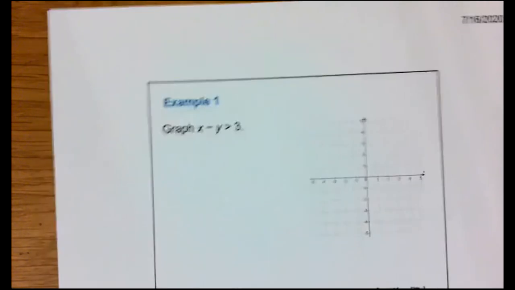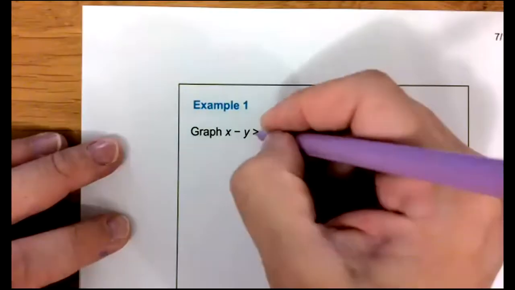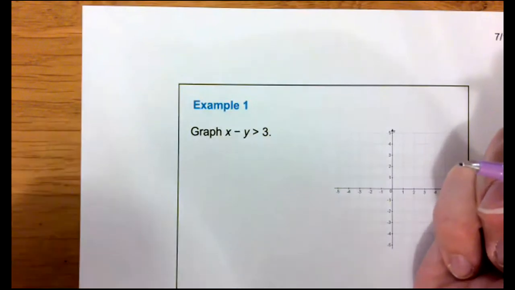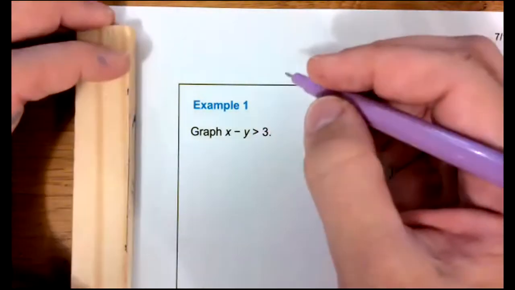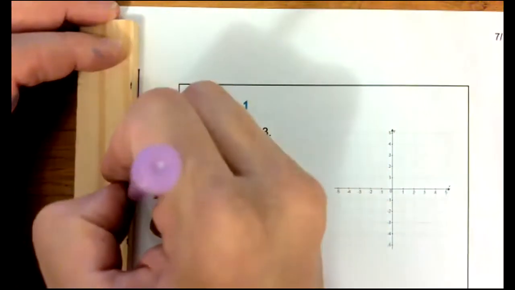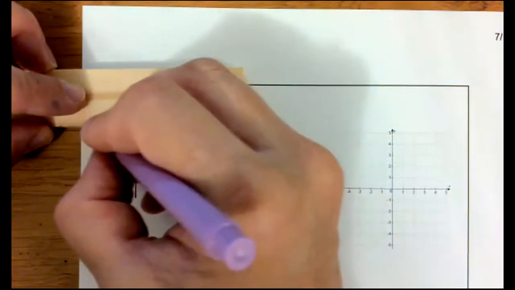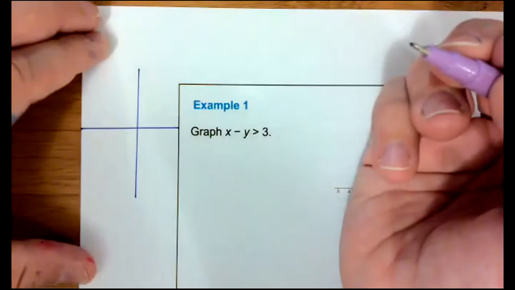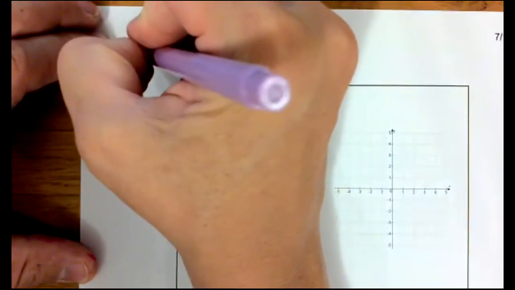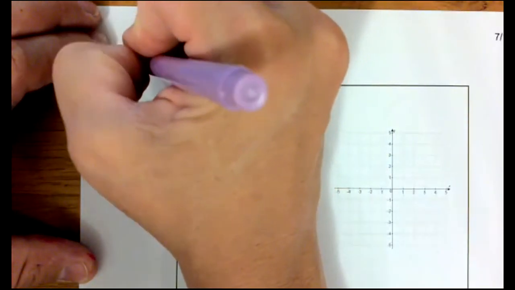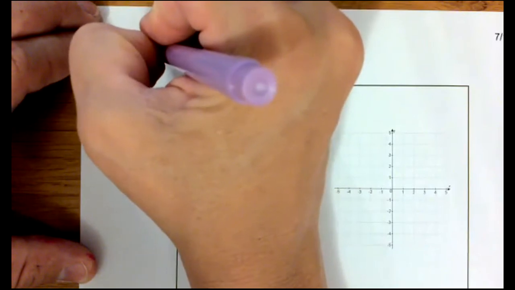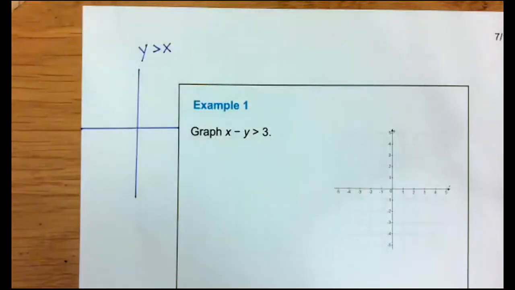Okay. What if we are shading, it's not equal to, right? It's only greater than. So we'll keep using that same y and x, but now I'm going to say y is greater than x. There's no equal to, okay? Y is greater than x.